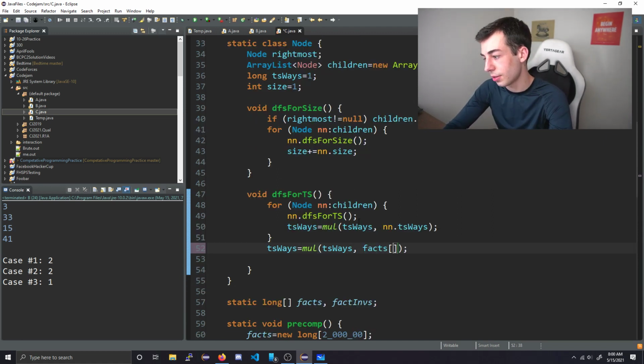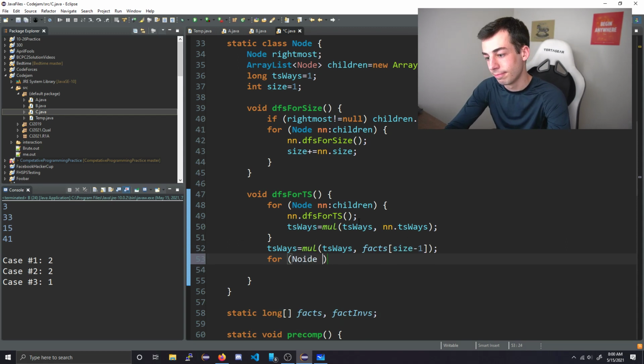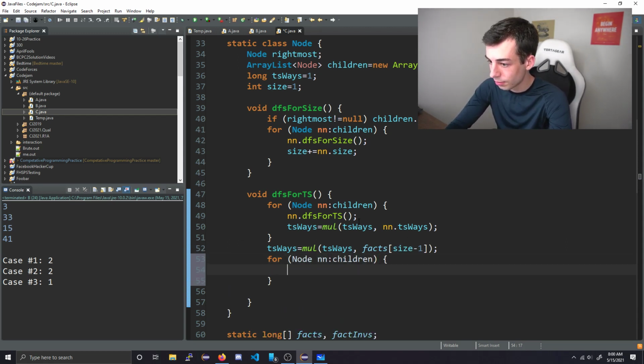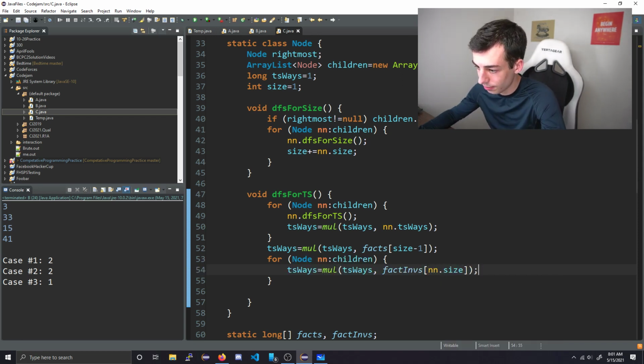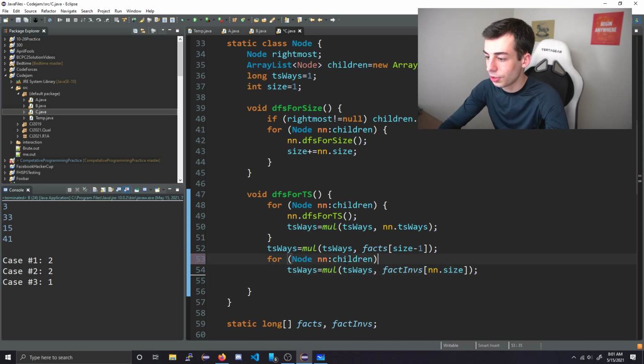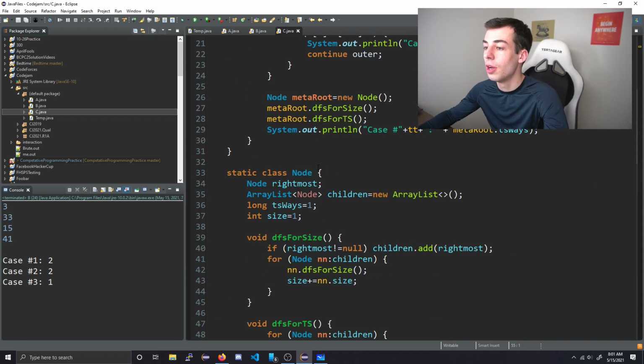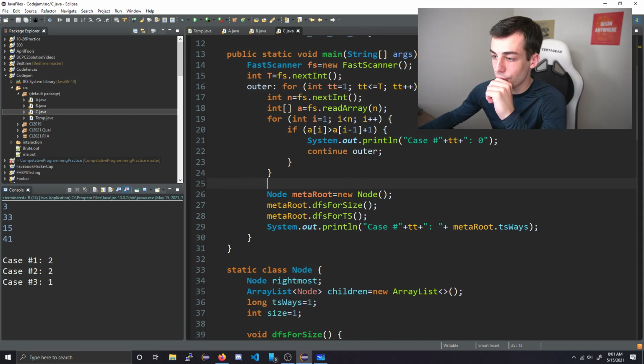So facts at size minus 1. Fact inverses at n dot size. Yeah. I think we should be good. All right. So now we just need to build this tree.